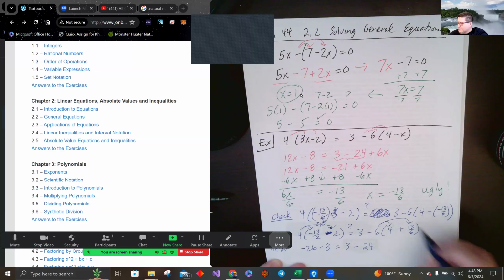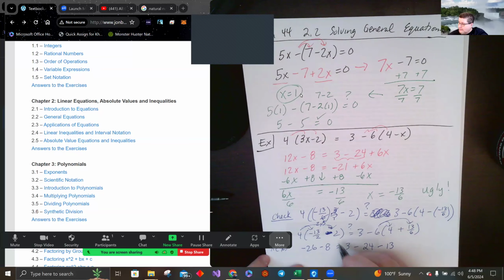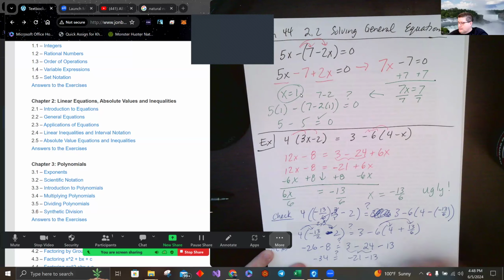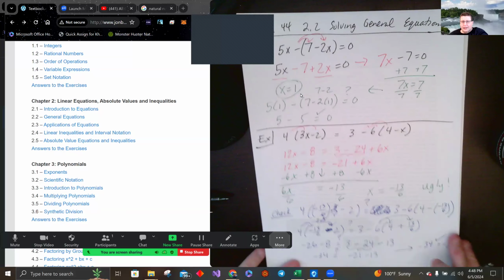And negative 6 times 13 over 6. The 6's cancel, and I have negative 13. This is negative 34. 3 minus 24 is negative 21. And we do get negative 34 equals negative 34. Boom. Looking good.